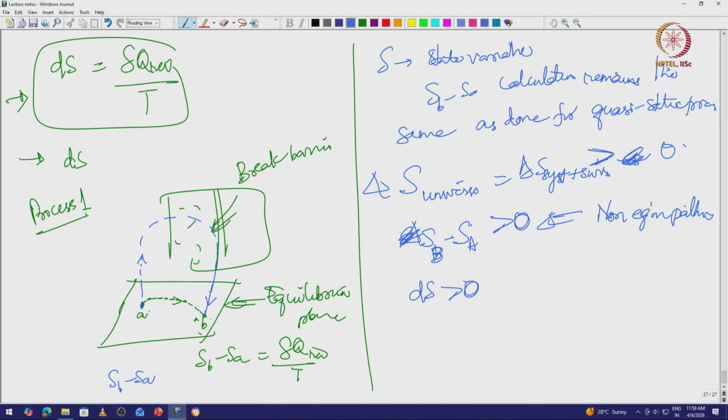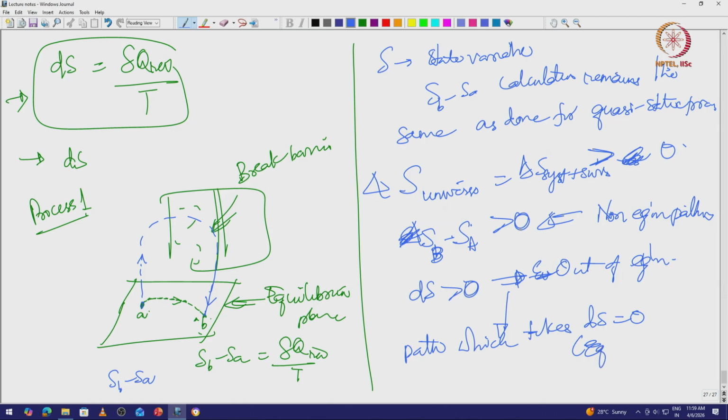So it evolves, this is out of equilibrium, and it goes in the path which takes dS equal to 0. So this is equilibrium. If I take a system and slightly distort it from equilibrium, and dS means dS of the universe, we will start appreciating this when we look at closed systems.